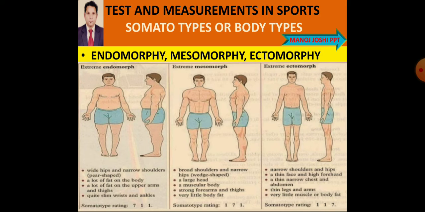Then the extreme ectomorph. In the third picture we can see the extreme ectomorph. The characteristics are narrow shoulders and hips, a thin face and high forehead, a thin narrow chest and abdomen, thin legs and arms, very little muscle or body fat, and these people are taller, a tall body.